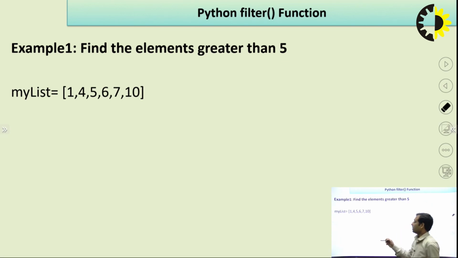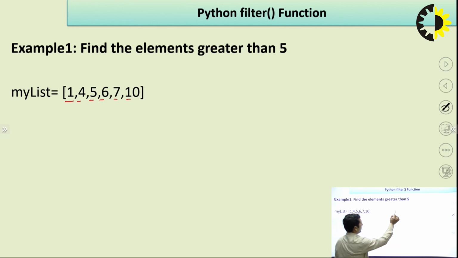My list is a list having some numbers, just 1, 4, 5, 6, 7 and 10. And what will the output be? Output will be the elements greater than 5.